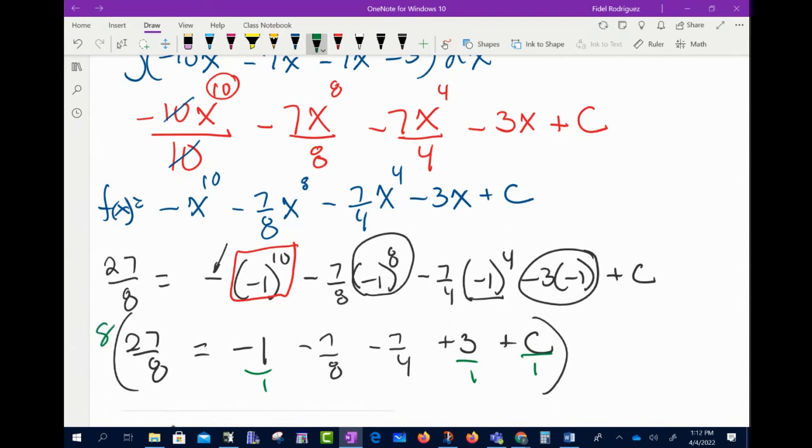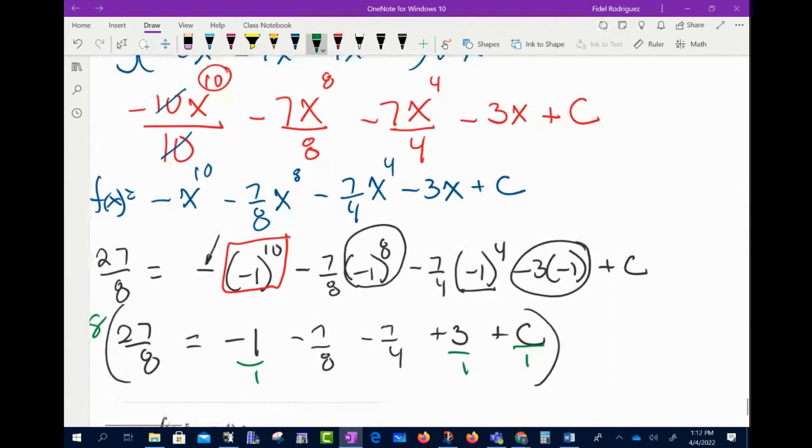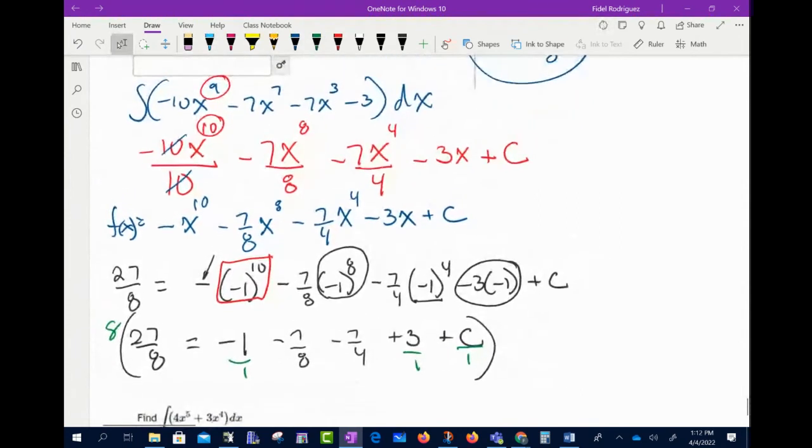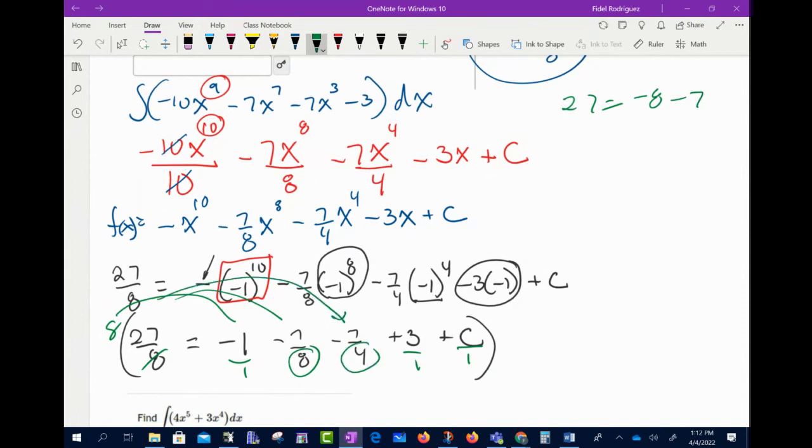So look, let me multiply everything by 8. When I do that, let me scroll over here a little bit. I'm going to write over here, y'all, because I'm running out of room. That 8 is going to cancel, so I'm going to end up with a 27. 8 times negative 1 is a minus 8. When I multiply by 8 over here, that's going to cancel, so I still have a minus 7. When I multiply 8 over here, 4 goes into 8, how many times? 2.